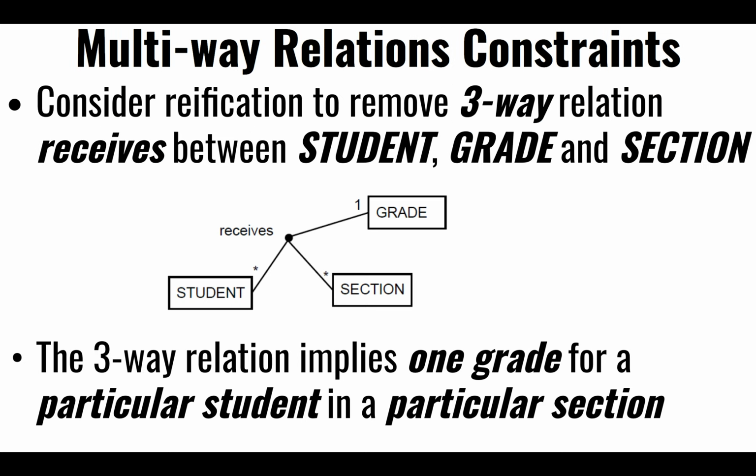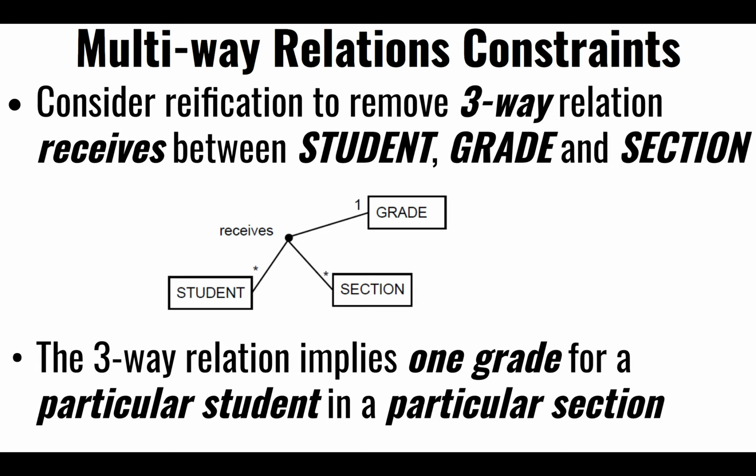So let's look at some constraints that were available or implied in the UML diagram, in the conceptual diagram, and see how they can be enforced or implemented in a relational database. In this class diagram, we see that there's a three-way relationship between the student, section, and grade.